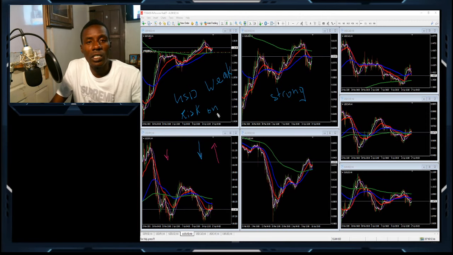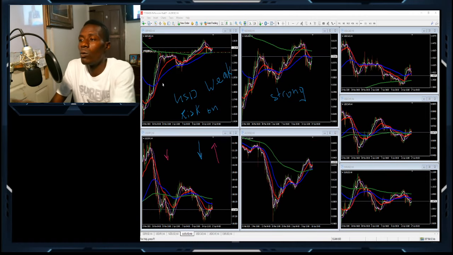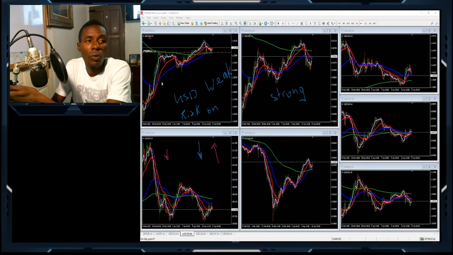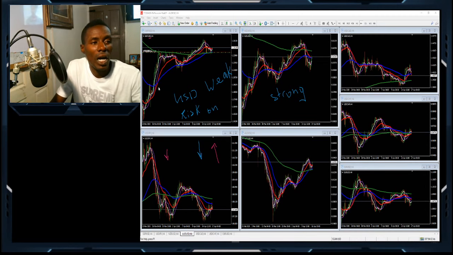Since we have that out of the way now, we just go through and analyze the chart. So I would change the size of this, change the color.